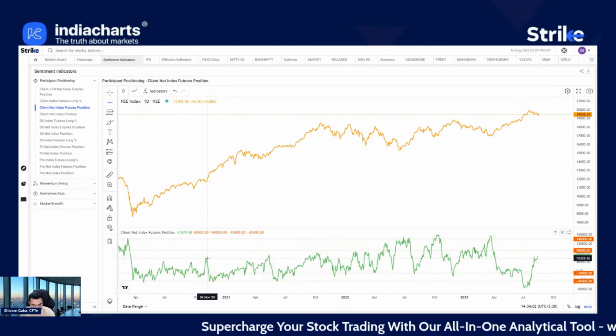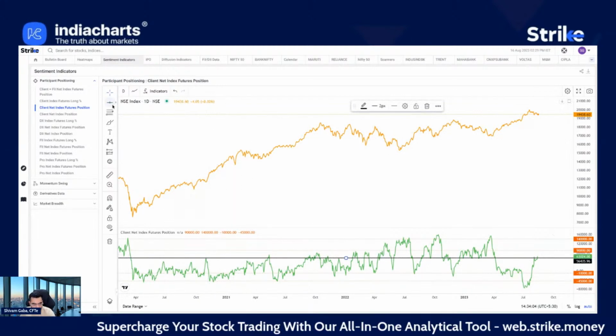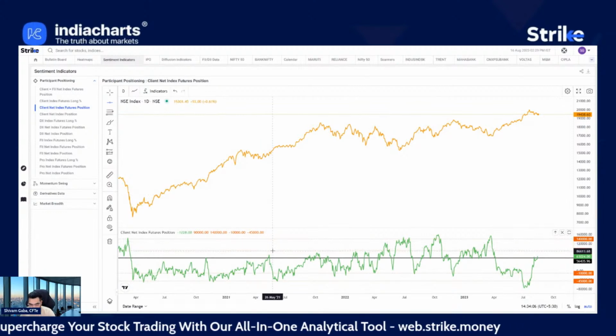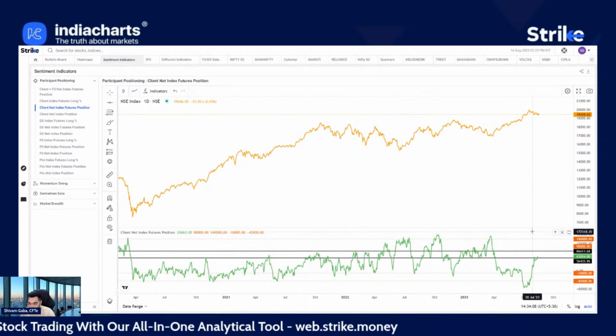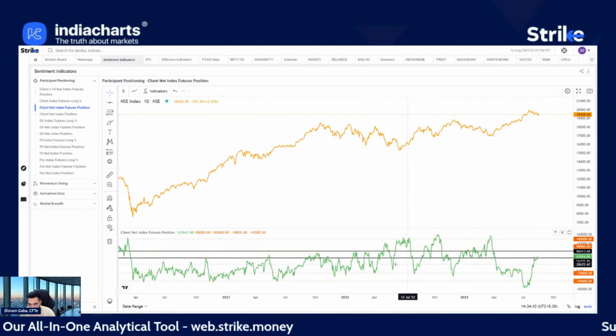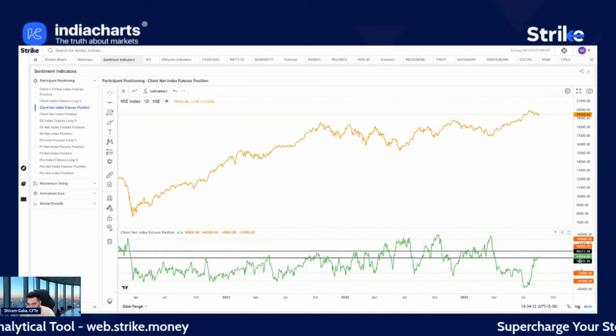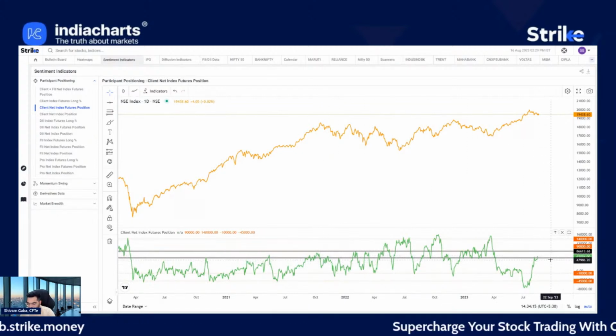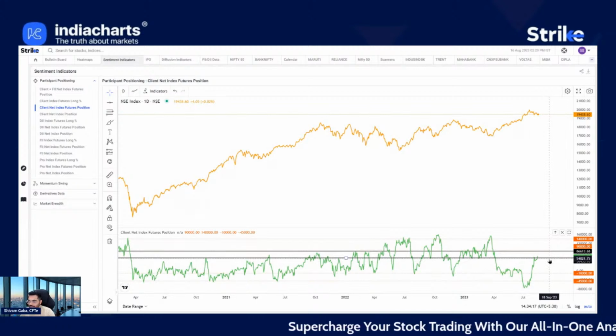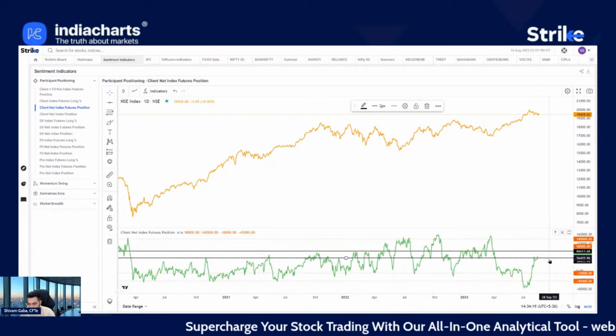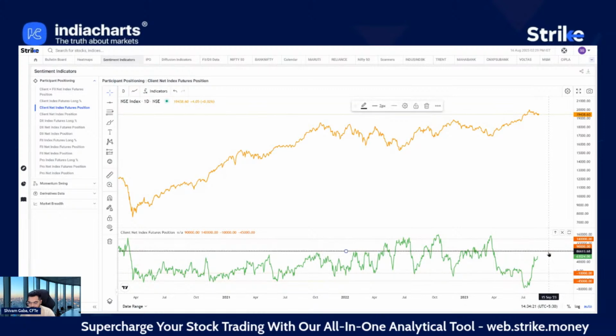So you can see one zone is around here and the other one is probably here. So we've entered that zone, and on the extreme reading, it can still go a bit above to around 80 to 90,000 contracts, from where it is an extreme position and we see a short term reversal in the markets.